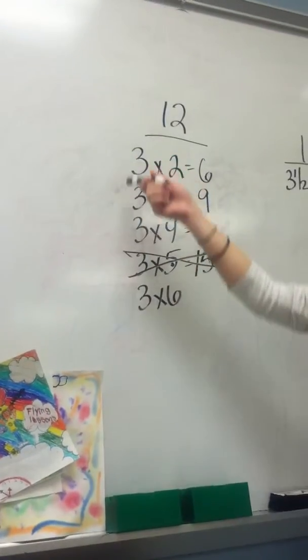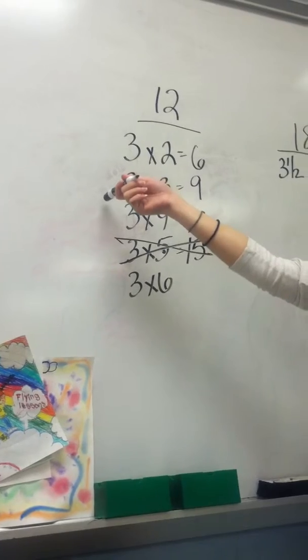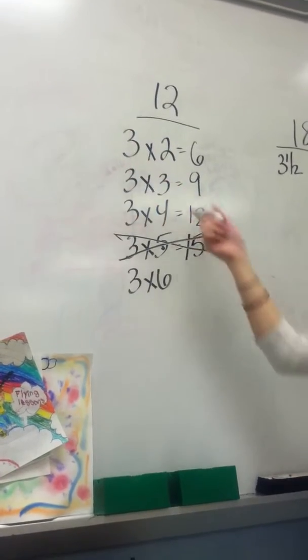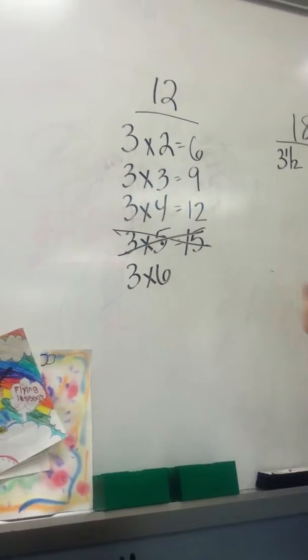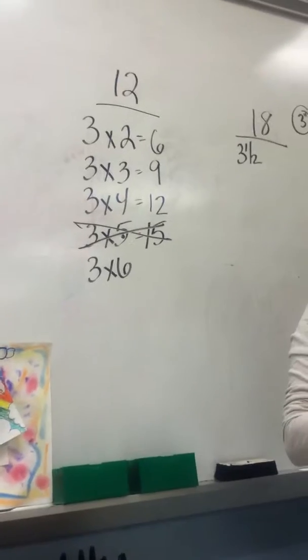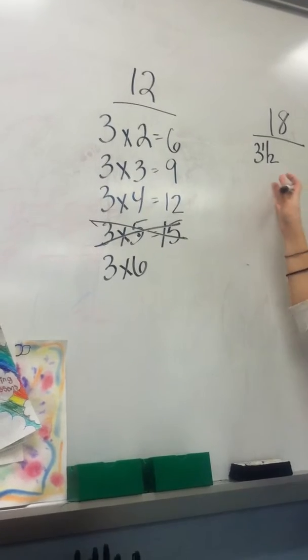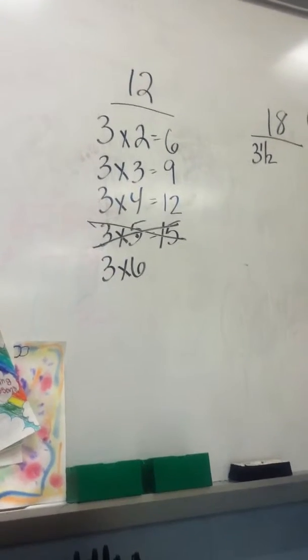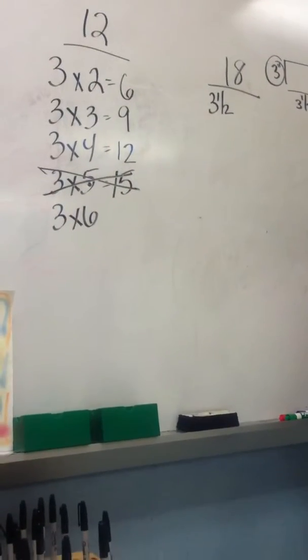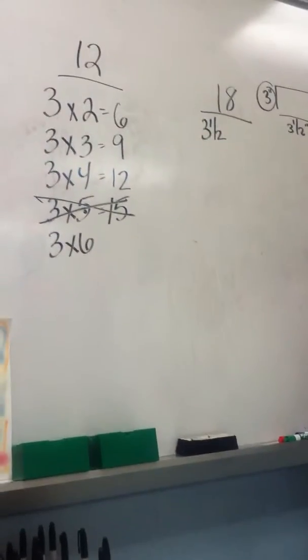How many of you also have a 3 right now as your smaller number? Okay, so that's easy for you. Once you're done, I want you to raise your hand, and we'll move on to this next side. I have both sides done. Both sides? Okay. It's pretty easy actually.